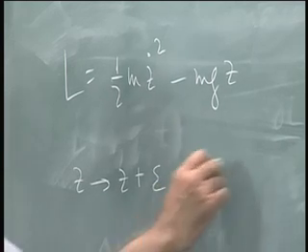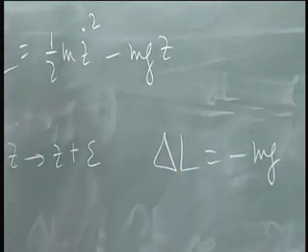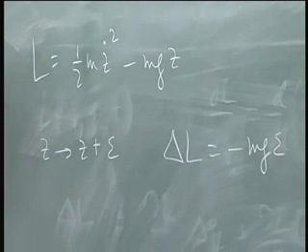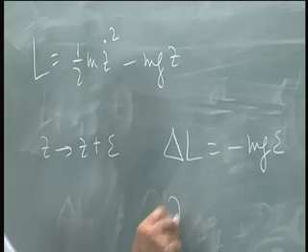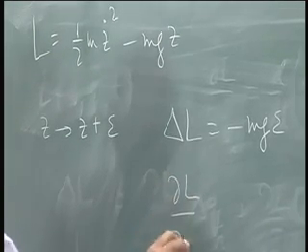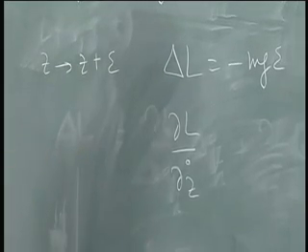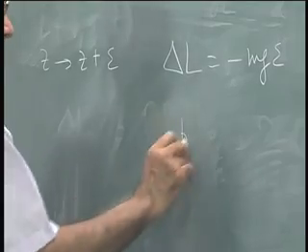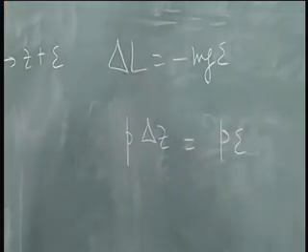In this case delta L equals minus mg epsilon. This is the change in the Lagrangian, but we also know that delta L over delta z dot, which is the momentum p, times delta q, so p times delta z, equals p times epsilon.